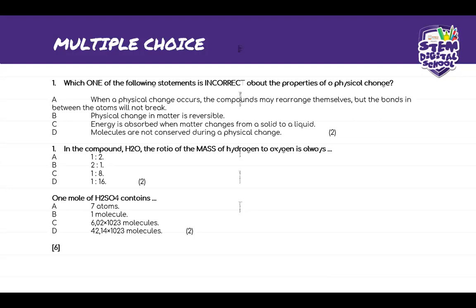It contains how many? 7 atoms, or the Avogadro constant, which is 6 times 10 to the power of 23 molecules, or D, 42.14 times 10 to the power of 23. What did you guys get?